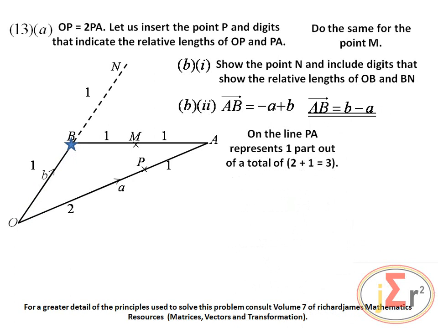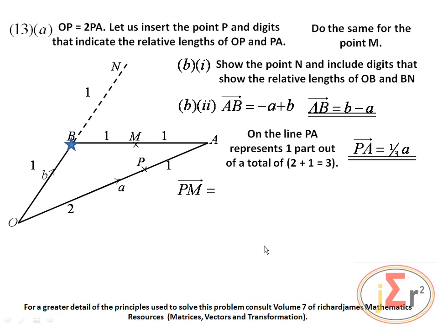On the line, PA represents 1 part out of a total of 3, that is 1 out of 2 plus 1. And 1 out of 3 is 1/3. So PA is 1/3 of a.